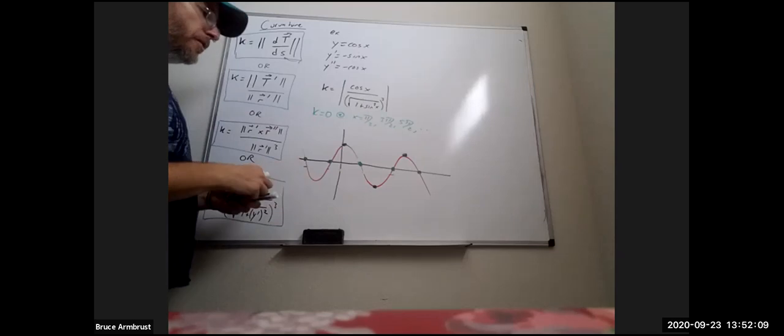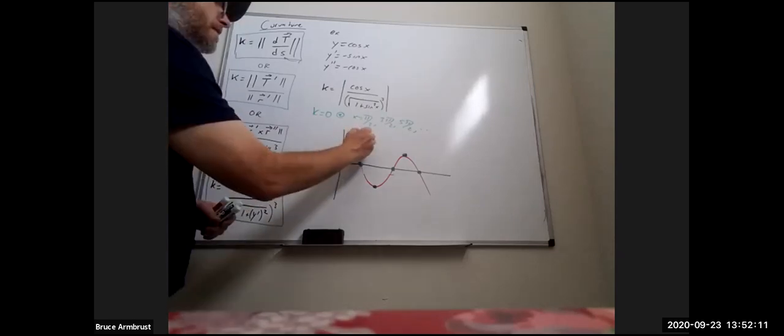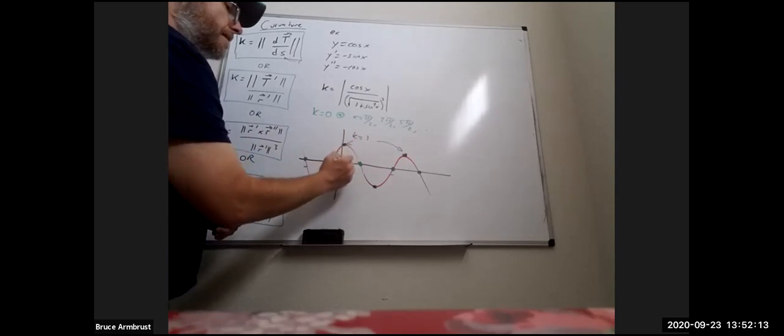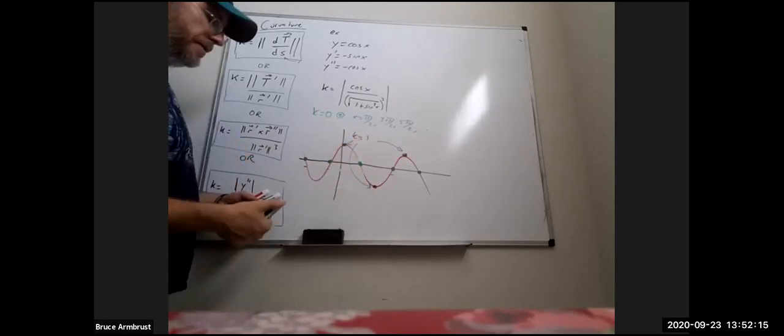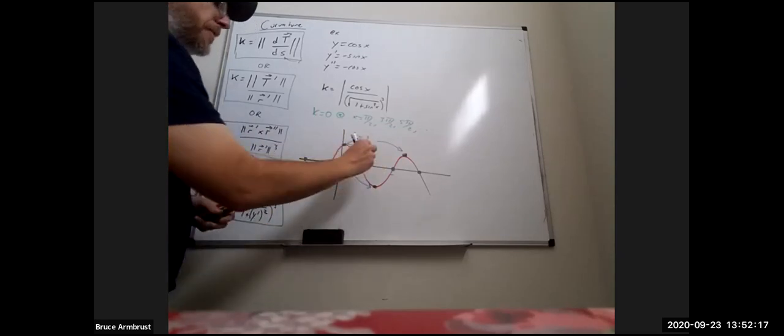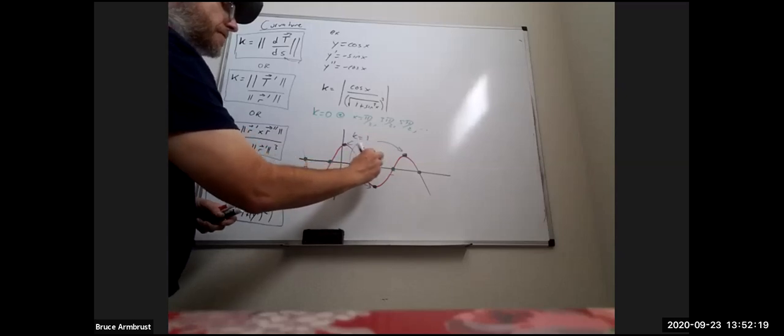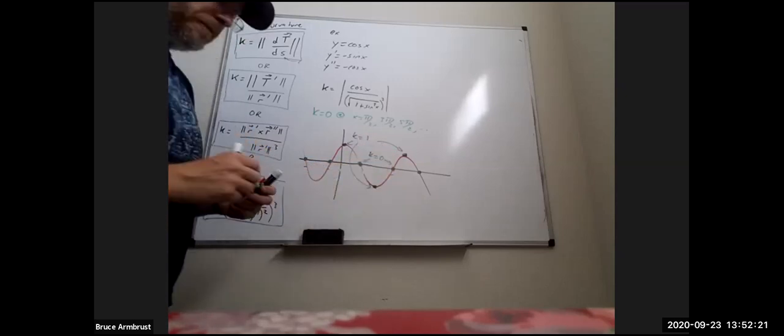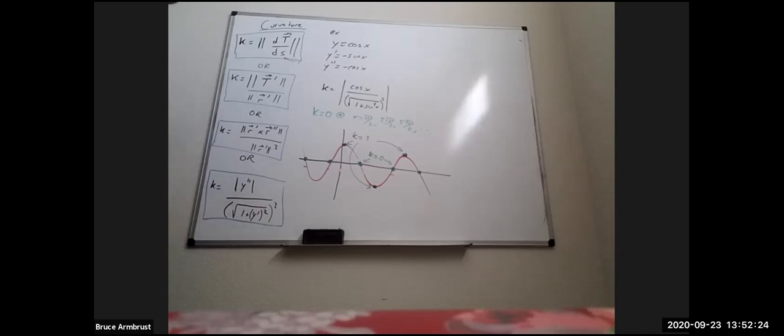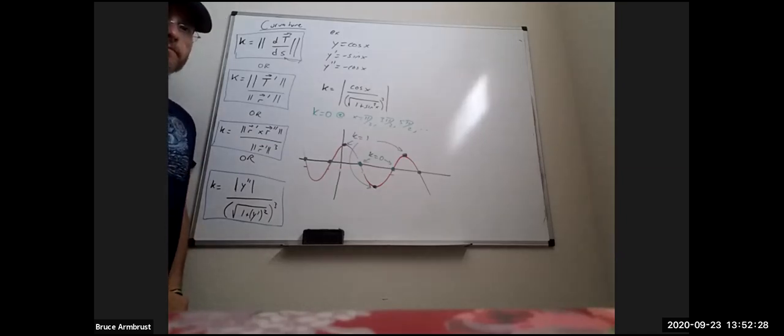So we're going to get a k value of 1 when we're at the peaks and the troughs. When we're at those intercepts, we're going to get k equals 0. And so for cosine, its curvature is bounded between 0 and 1. It'll never be anything more than 1.